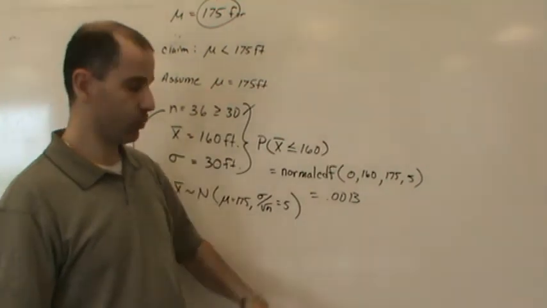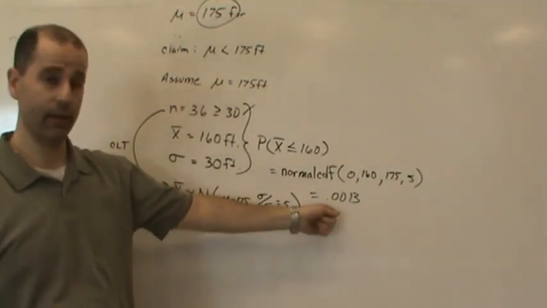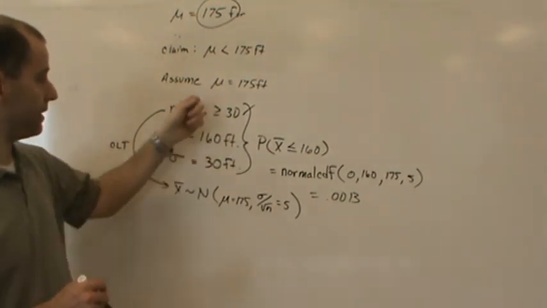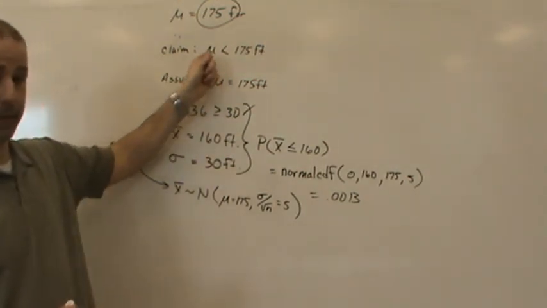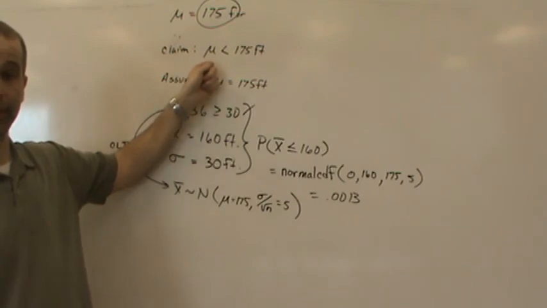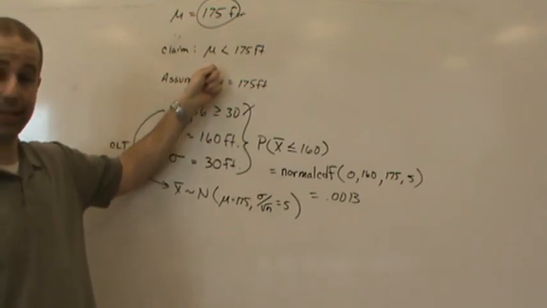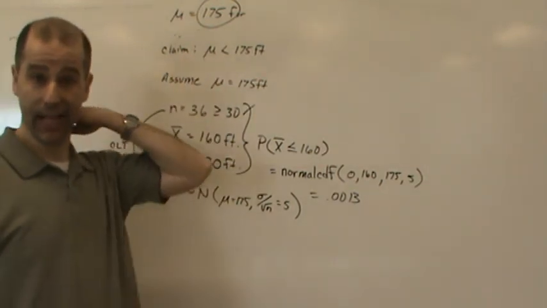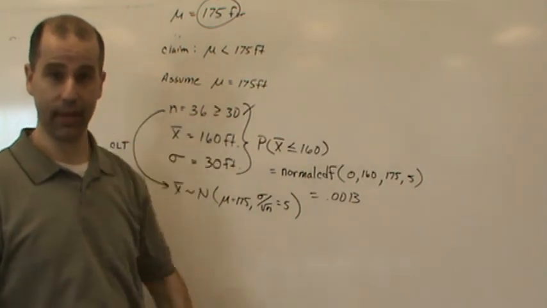So in this case, we would say, hey, this is evidence against the assumption. And if there's evidence against this, then maybe there's evidence to support the claim. Maybe that means the new braking system does in fact work, is in fact better. That's the big idea behind hypothesis testing.